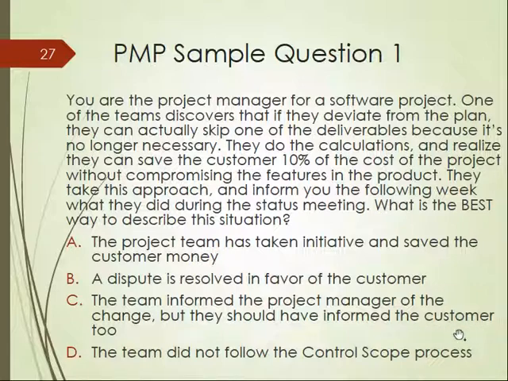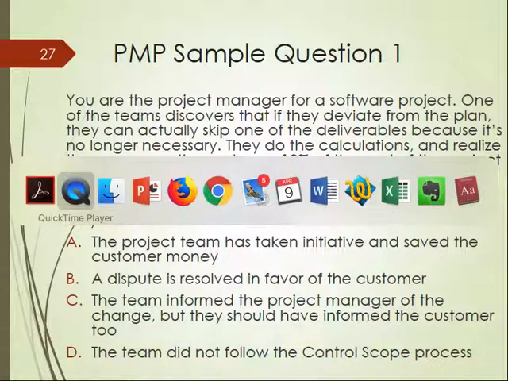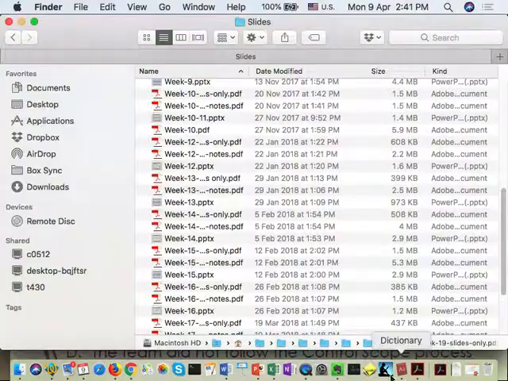And how about D? Anyone D? So one person picked C. Actually, as I said earlier, sometimes more than one answer is sort of correct, okay? But in this case, probably the best answer is D, because they did not follow the change control. I think I can double check my answer.